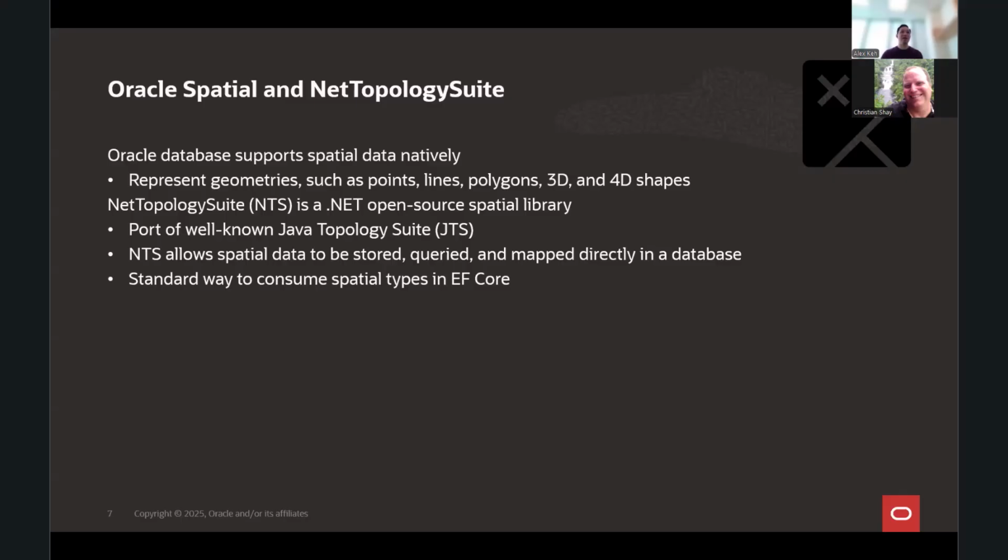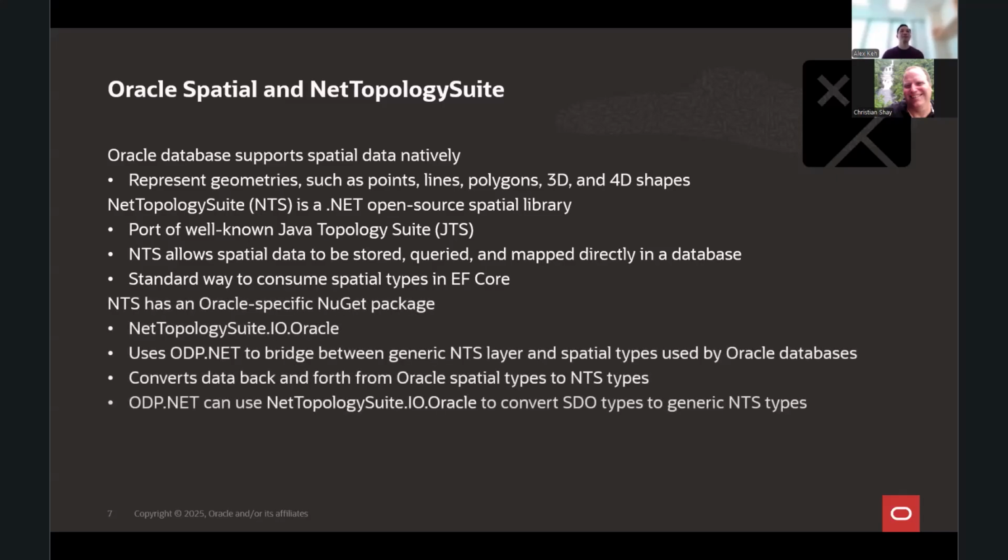So it provides that kind of Esperanto, common language that you can develop against NTS and then work with any database behind the scenes. And because it has that type of implementation, EF Core has adopted it and it becomes the standard way to work with EF Core and spatial data.